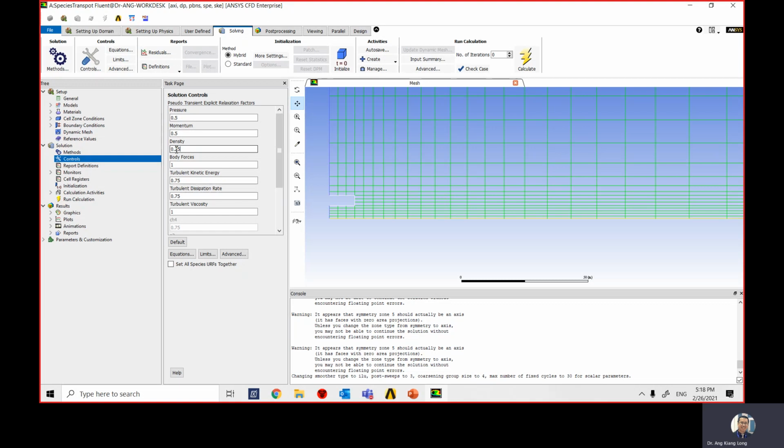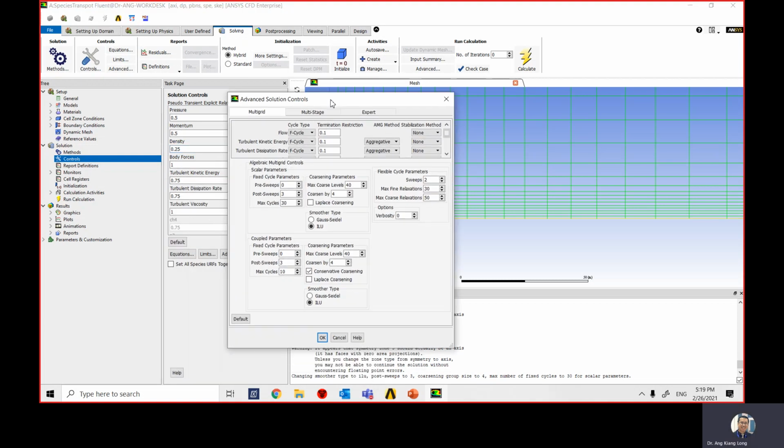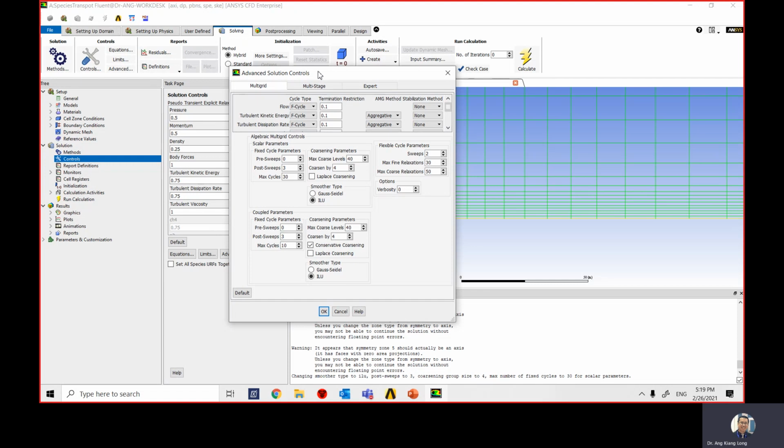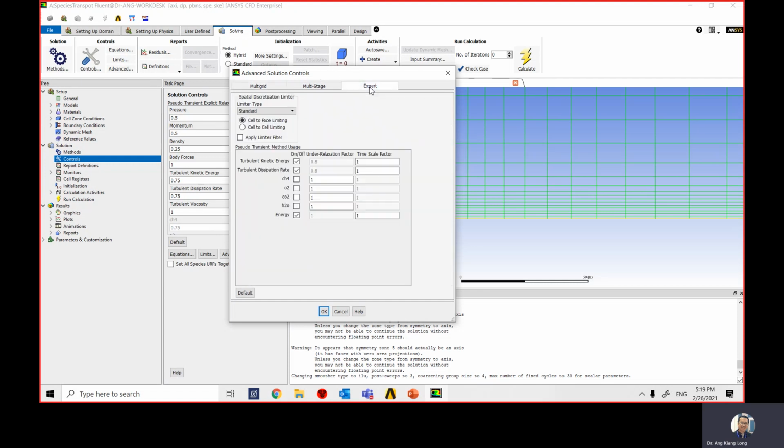So you can come back to this control for your relaxation factor if you're not able to reach convergence. You just come here and reduce the numbers accordingly. And after that, we will click the advanced button here. So we will go to advanced solution control here, and we will go to the expert tab.